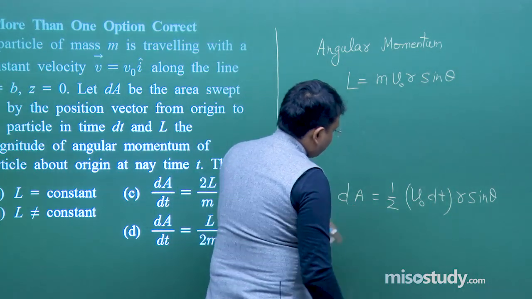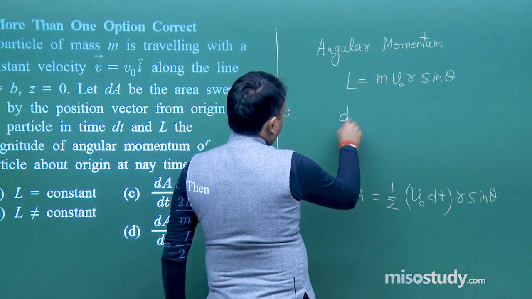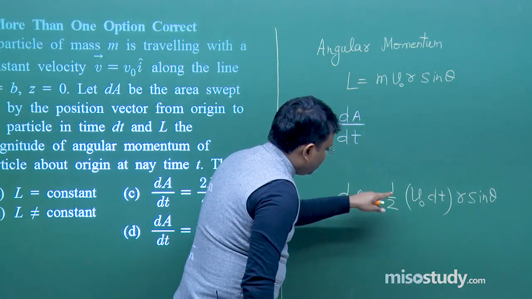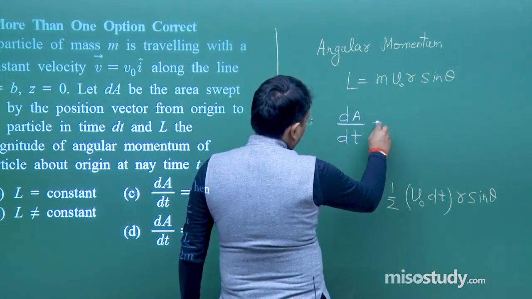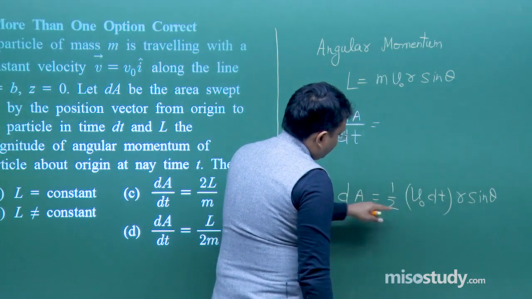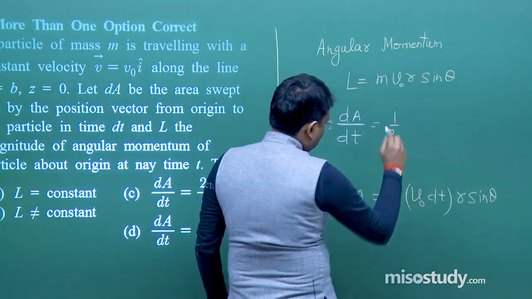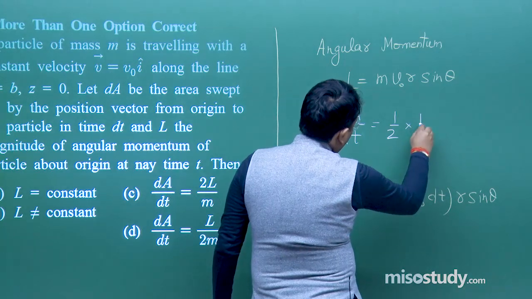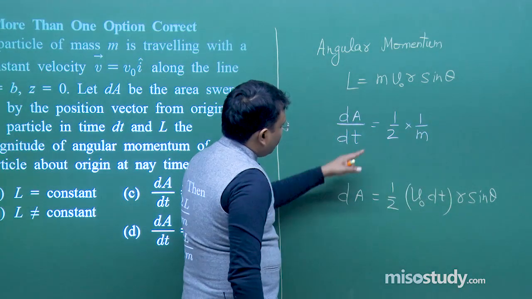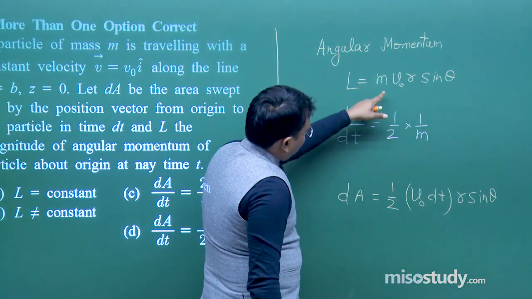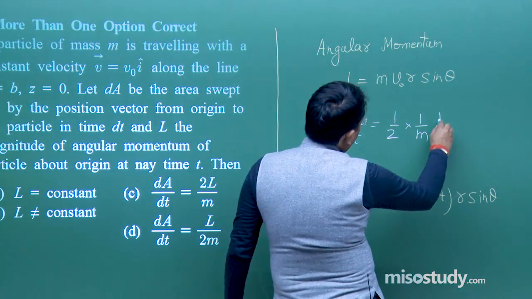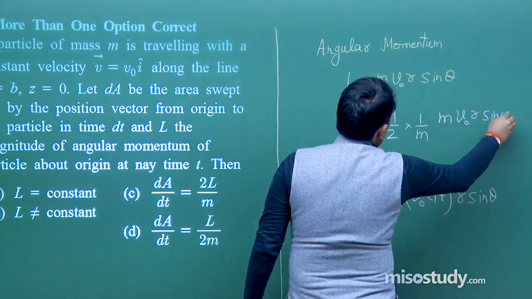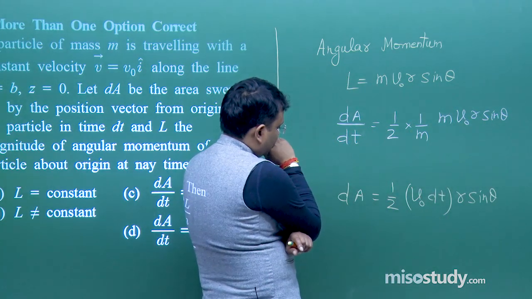So, from here I can say dA by dt is equal to 1 by 2 is going to be same, 1 by 2, and what exactly it is 1 by m, 1 by 2 into 1 by m, and then this value, that is m v naught r sin theta, correct?